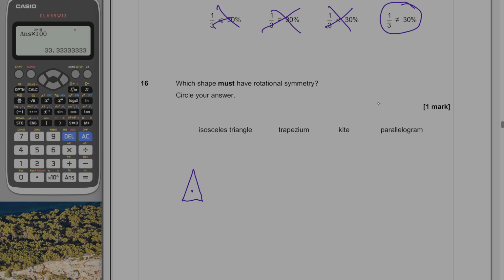So you could argue that it has rotational symmetry of order 1, but you could argue that for any shape. The one that would have more than 1 would have to be the parallelogram. The parallelogram has to have order 2, because if you imagine spinning that round, it would overlap itself after 180 degrees and again at 360. So I'm going to go parallelogram, but I'm not very happy with the wording of that question.